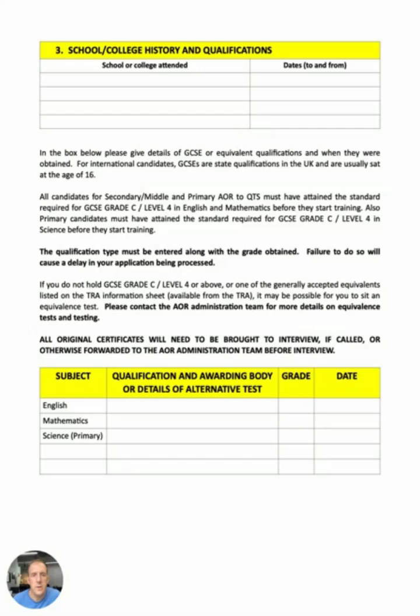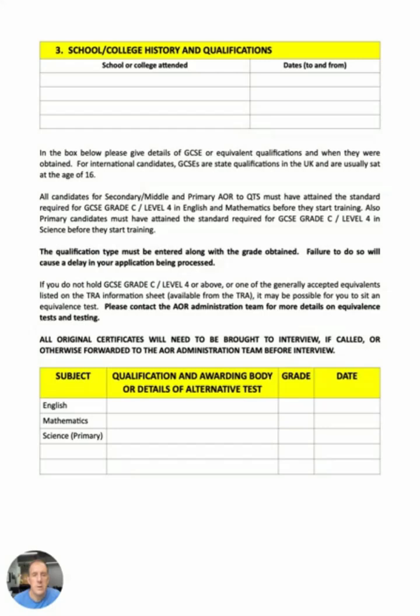So if you are doing secondary, you will have to do a GCSE equivalent in English and mathematics. And then if you are primary, you'll have to do the GCSE equivalents in English, maths, and science. So normally, if you're doing the primary one, we would recommend that you just do a single science at a foundation level.